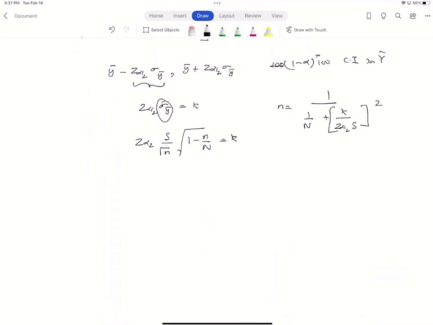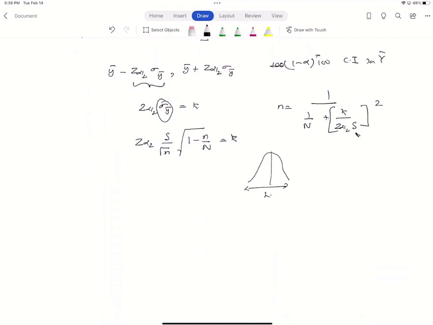So most of these things we know, except that we need to know this value. Without this value we cannot do this. But here is another trick. What if we don't know this, but we know that the population is normally distributed and it has a range of L?